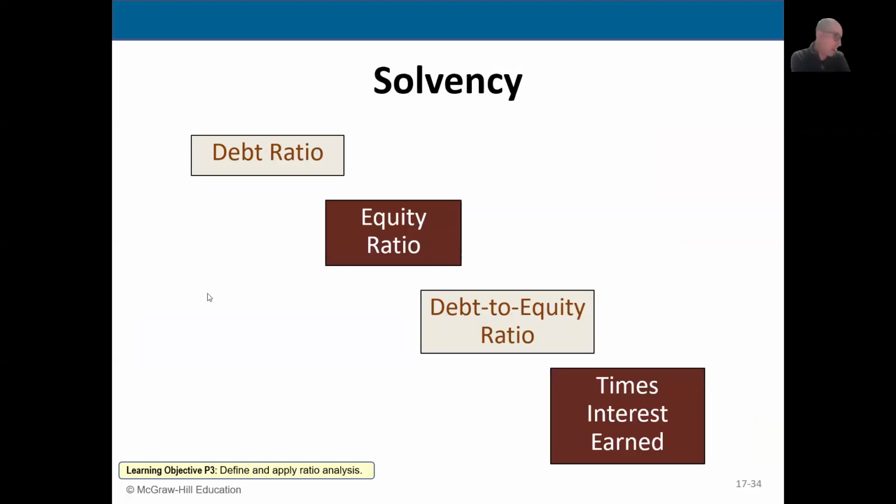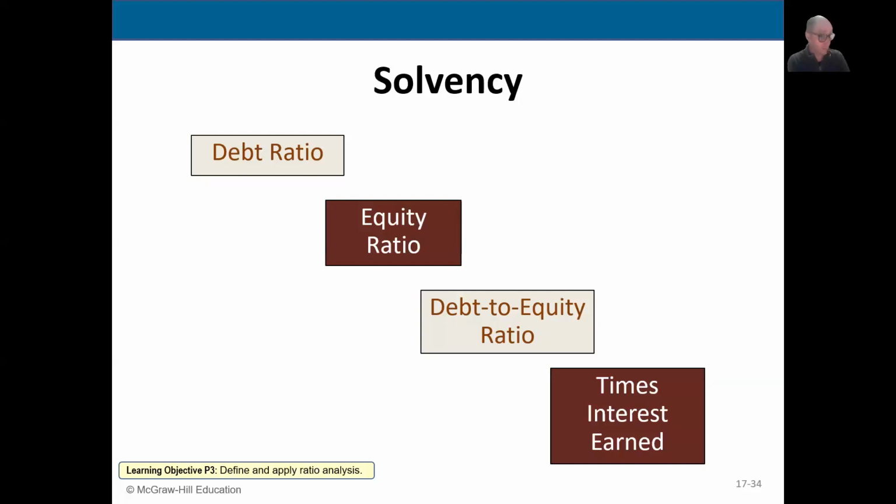Okay, so we got through the first building block, which is liquidity and efficiency. Now let's talk about solvency. I had mentioned earlier that solvency is a company's ability to pay its debt, pay all of its long-term debt, and go out of business, no problems.